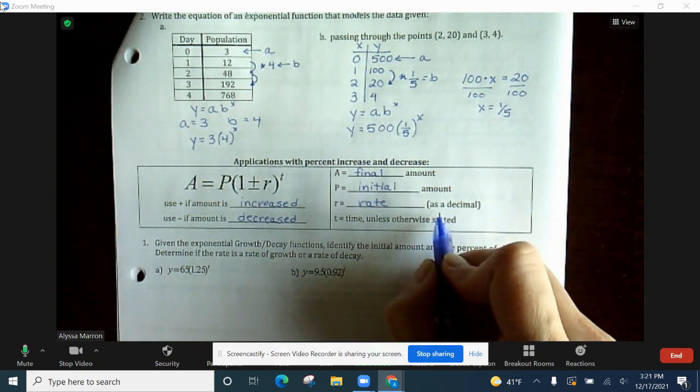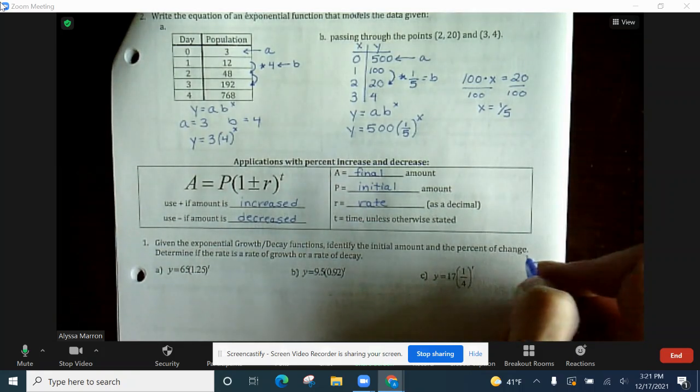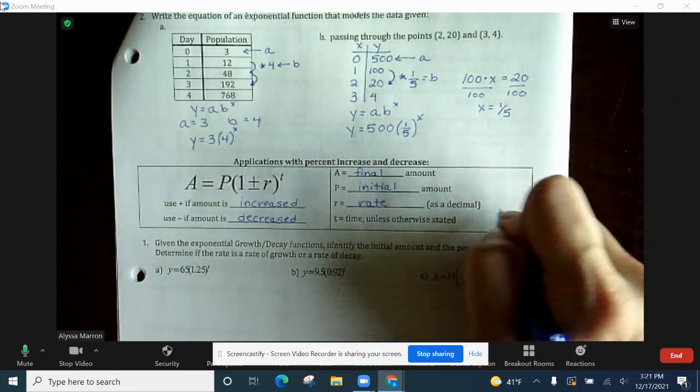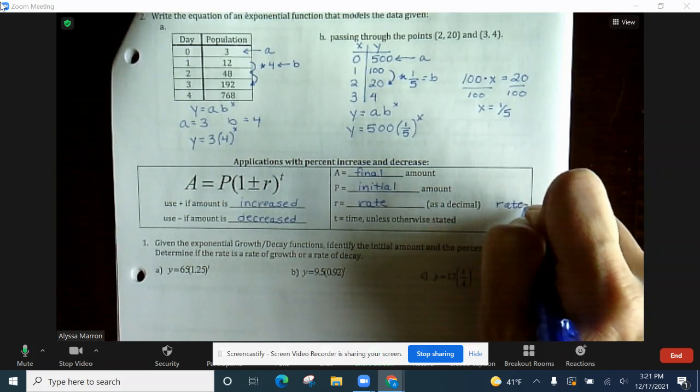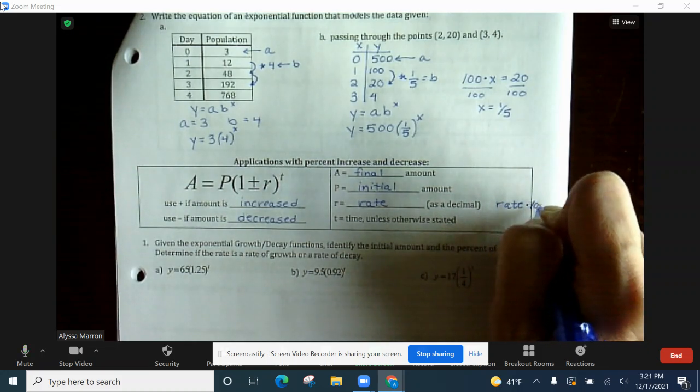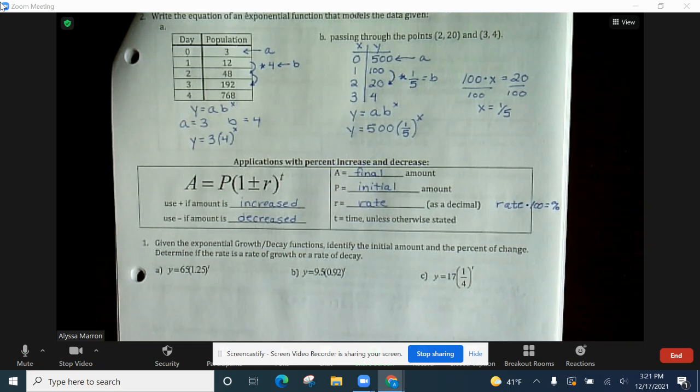Now your rate is always written as a decimal, but sometimes they'll ask us the percent of change. If they ask us the percent of change, we just take our rate and we multiply by 100, and that will equal the percent. And then your t represents time.